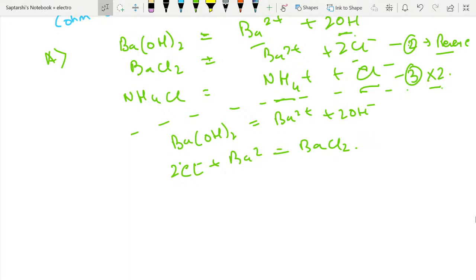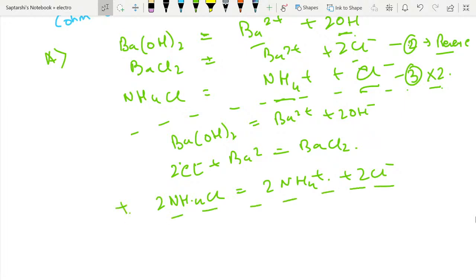And this is multiplied by 2, so this will be 2NH4Cl, giving you 2NH4 plus and 2Cl minus. So now let us add all these equations. Let us cancel out what we can: we can cancel out the Cl minus, and we can cancel out Ba2 plus. Okay, great.